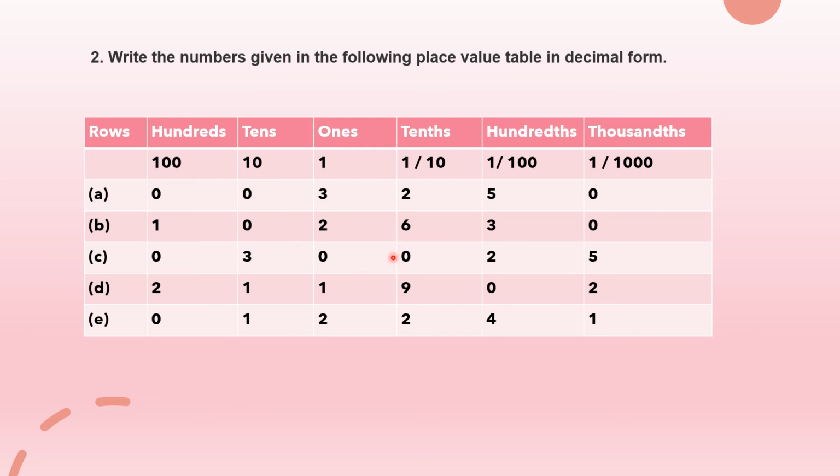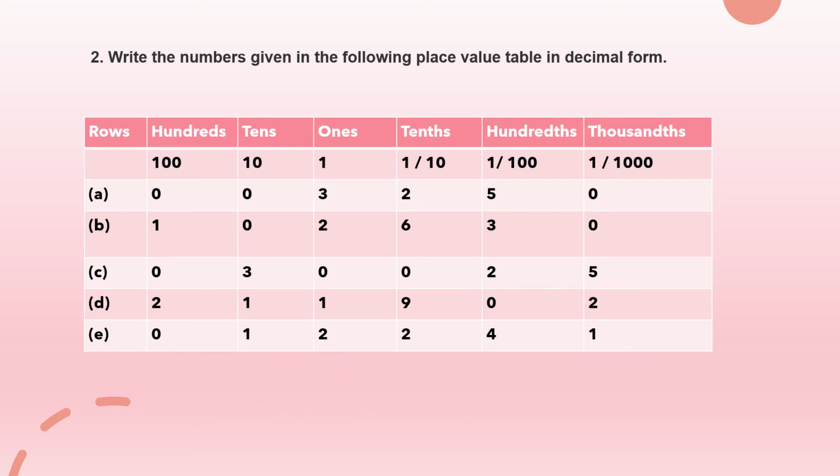Next question. Here the point will come in between ones and tenths. So how will you read this? 30.025, or 30 plus 0 plus 2 by 100 plus 5 by 1000. 2 by 100 is 0.02 plus 5 by 1000 is 0.005. When we add this, we'll get 30.025. D: 211.902.